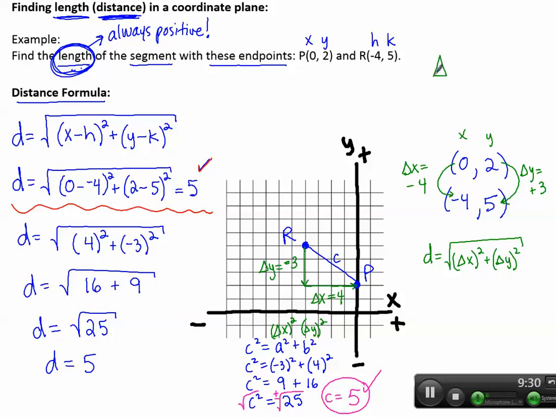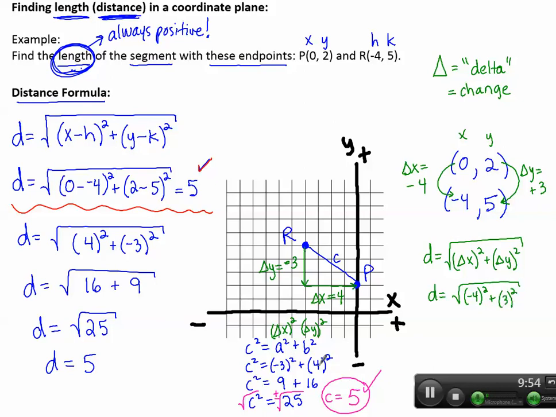Now, this symbol, I'm saying delta, and what it means is change. Just to recall, let's plug them in. Change in x is negative 4, the way I did it here, and change in y is positive 3, the way I did it here.